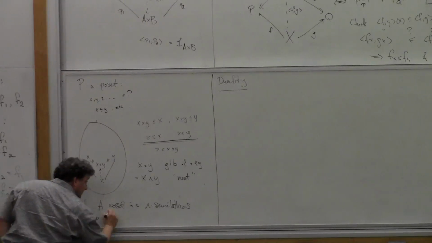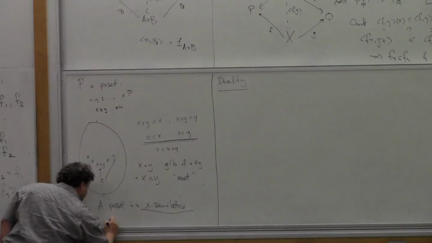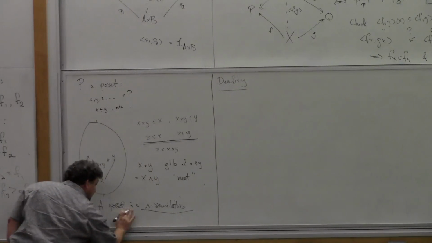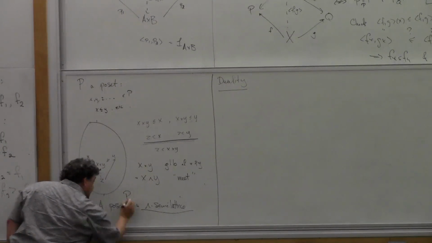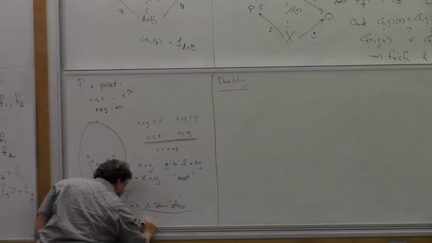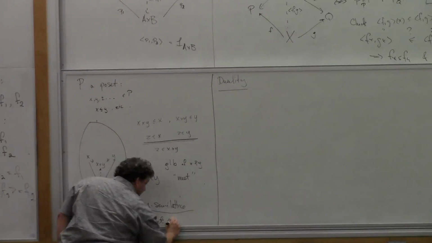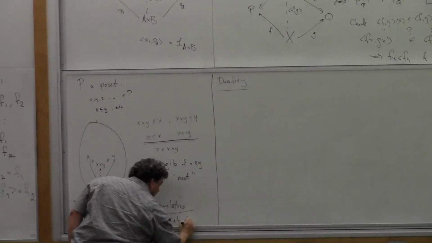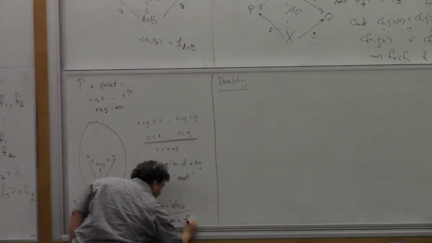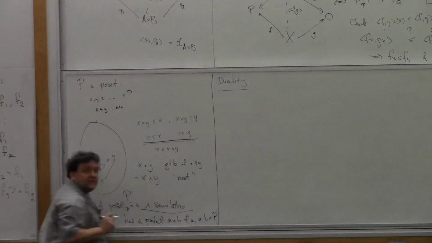A poset P is a meet semilattice if and only if P has a product for all A, B in P. Does it make sense now?